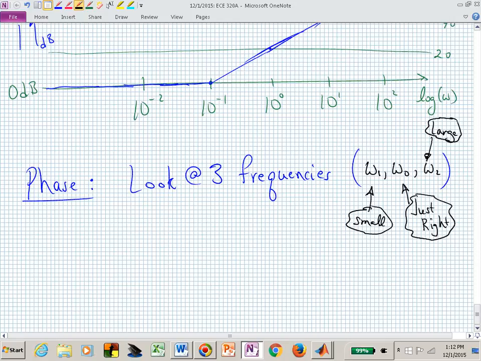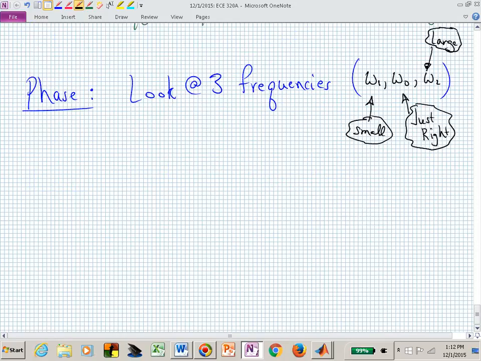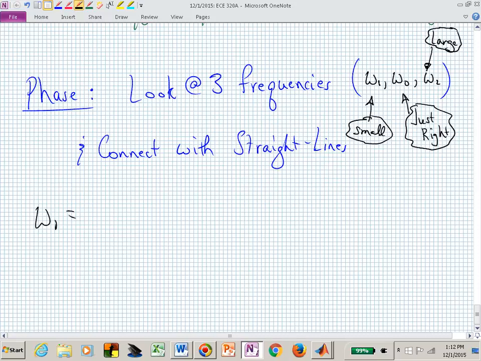Let's look at those, and once we find the phase at each of those 3 frequencies, we will connect those points with straight lines. What do we call omega 1? What is a small frequency?